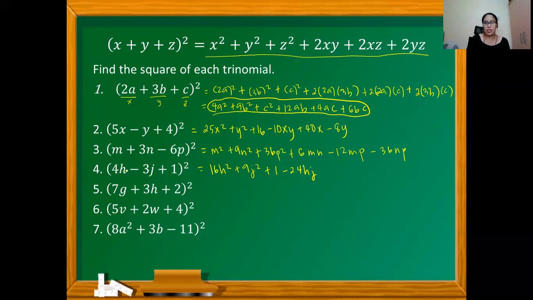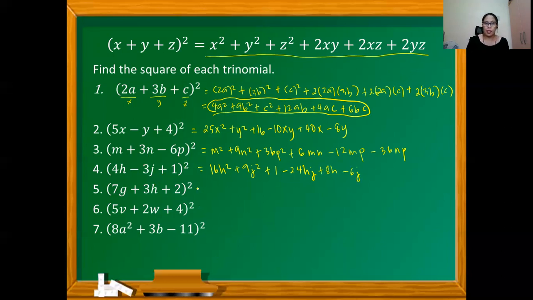So this is 8h times 1. This gives us 8h. And for the last term, we have 2 times the second term times the last term. So this is 2 times negative 3j times 1. So 2 times negative 3j is negative 6j times 1 is negative 6j. So that's for number 4.